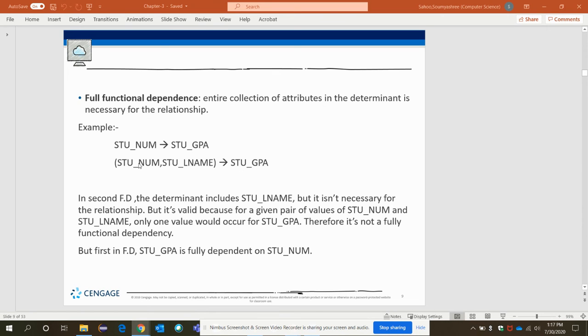So num and lname together can determine one unique value of GPA. Therefore, it's not a full functional dependency. But in the first functional dependency, without the student num attribute you cannot determine the value of student GPA. That's why GPA is fully functionally dependent on, solely dependent on, student num.